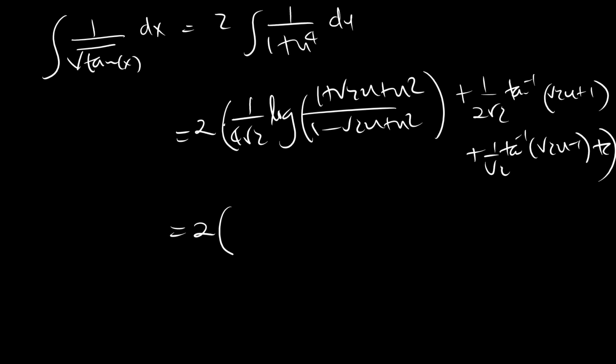Actually, let's get rid of that 2 by multiplying it across and then substituting this to be u.